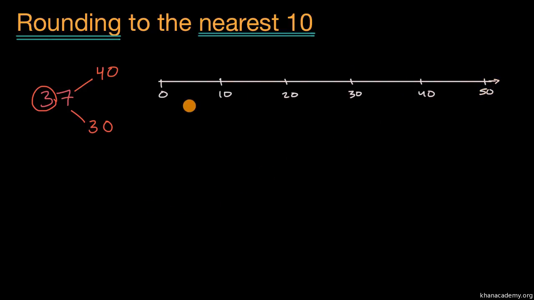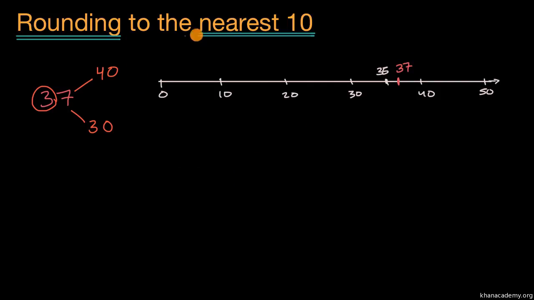And so where is 37 on this number line? Well, it's between 30 and 40. And if I wanted to make it a little bit clearer, if I said that this is 35 right over there, right in between 30 and 40, then 37 is going to be right about here. So that is 37.